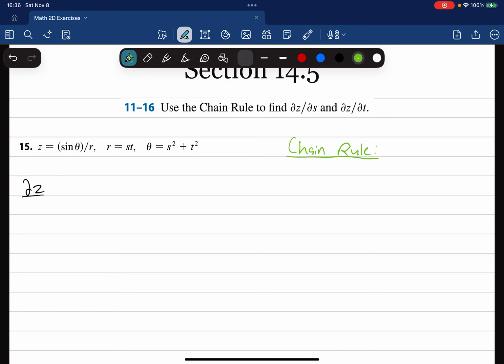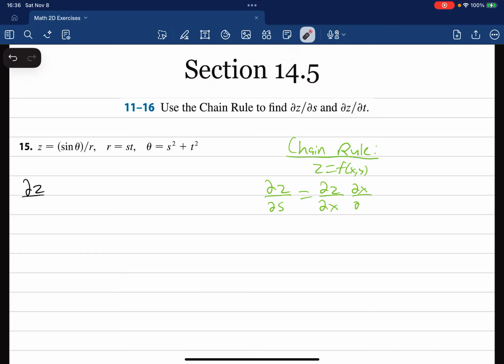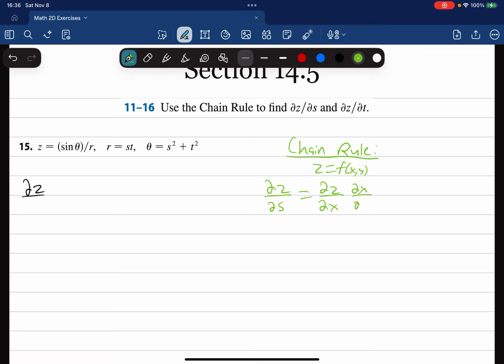Chain rule, this says that partial z with respect to s will be partial z with respect to x, let's suppose z is a function of x and y. Here x and y are both functions of s and t, just to not have to write all that.